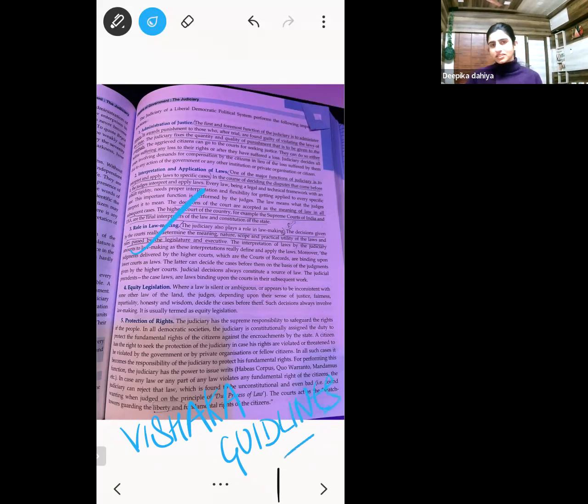And on these same lines, the parliament would later on, after almost 10 years, make laws against sexual harassment at workplace on the basis of these guidelines. But earlier, these rules were given by whom? The judiciary itself, the Supreme Court. This is how the Supreme Court at times plays the role of lawmaking as well. Clear?